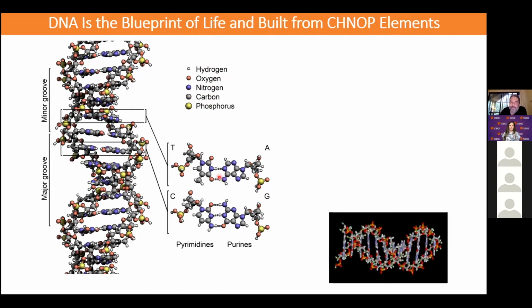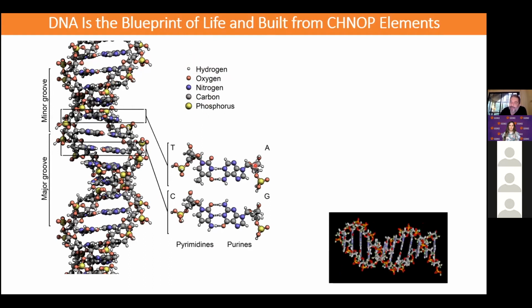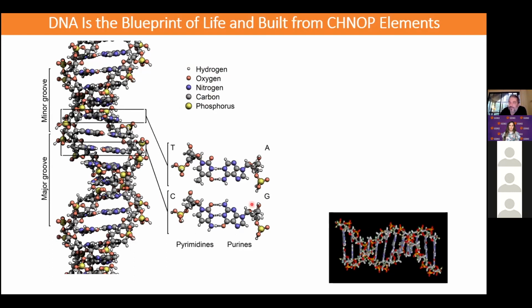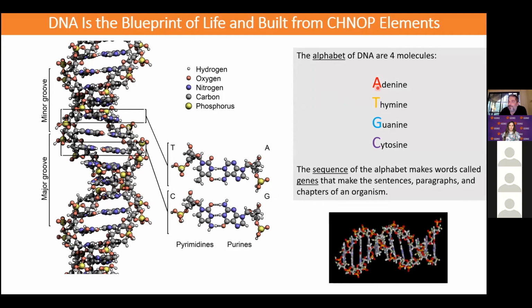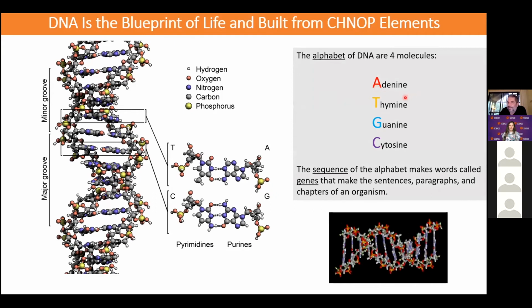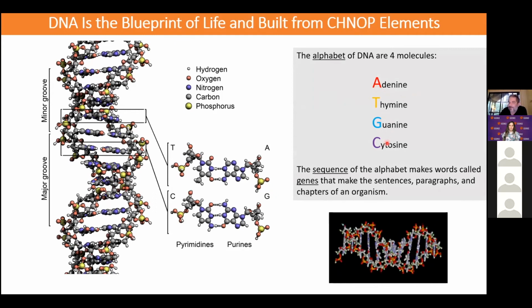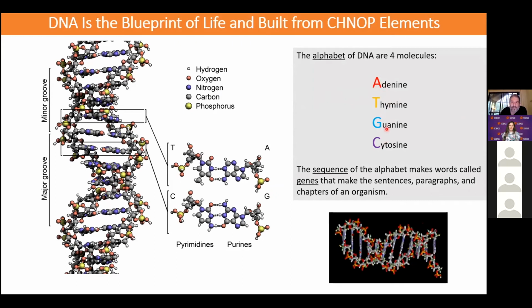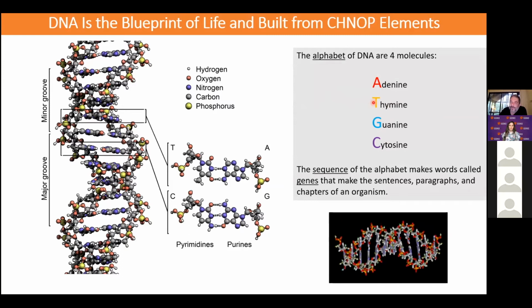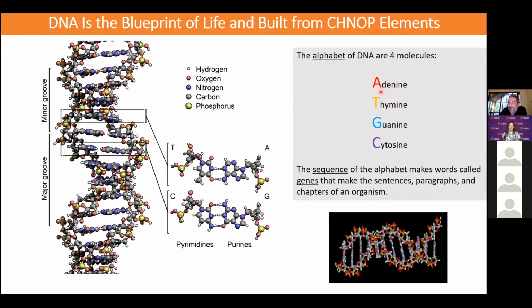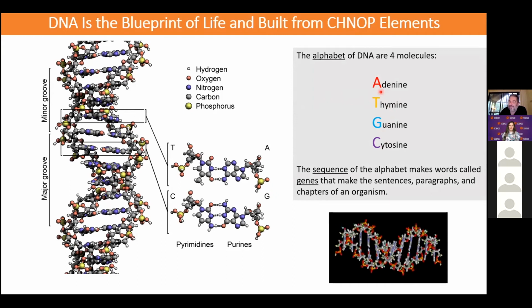Inside the double helix, you have these bases, T, A, C, and G. These are the abbreviations for them, where A is shorthand for a chemical called adenine, T is thymine, G is guanine, and C is cytosine. This is really important if you want to understand how DNA works. But just to understand it, you can think of it as a four-letter alphabet: A, T, G, and C. We have 26 letters in the English alphabet, right?